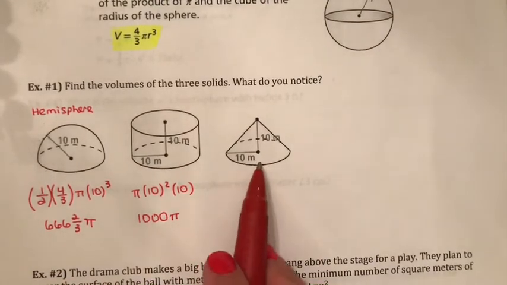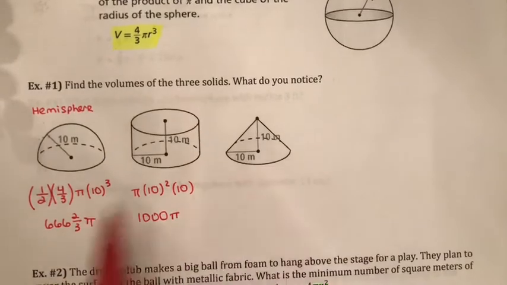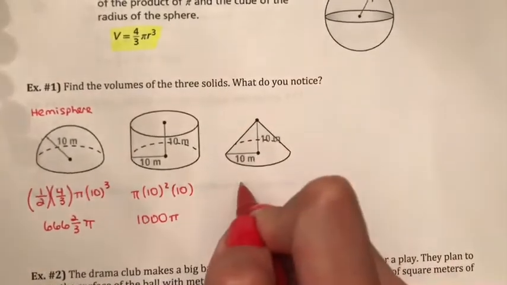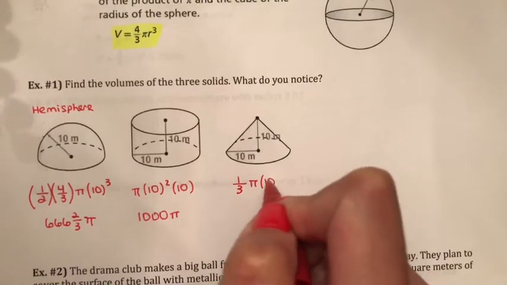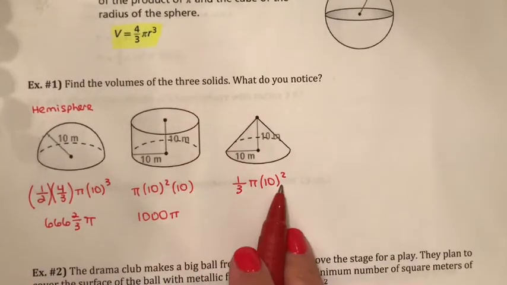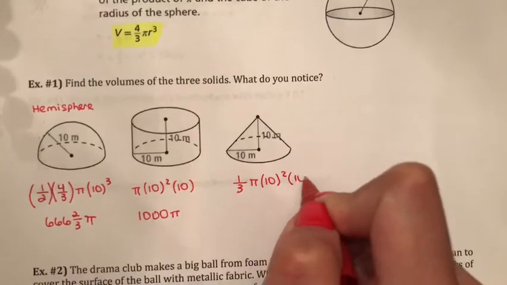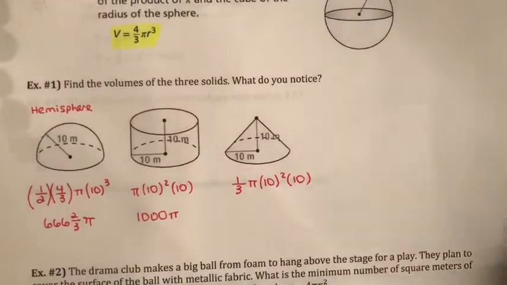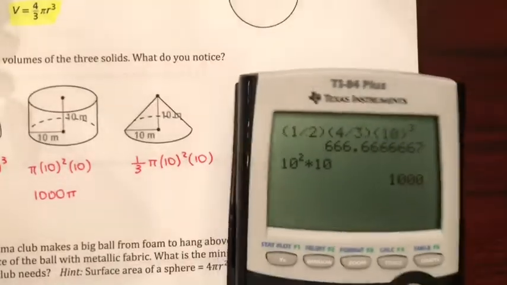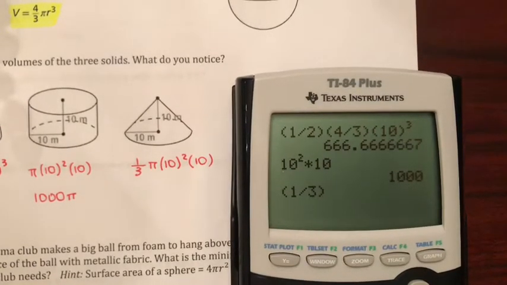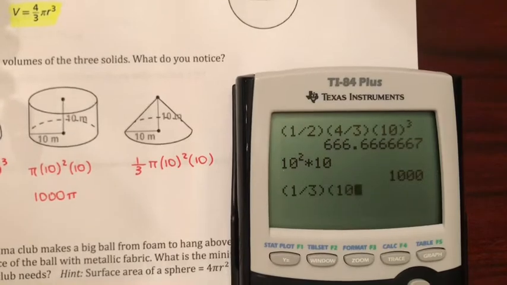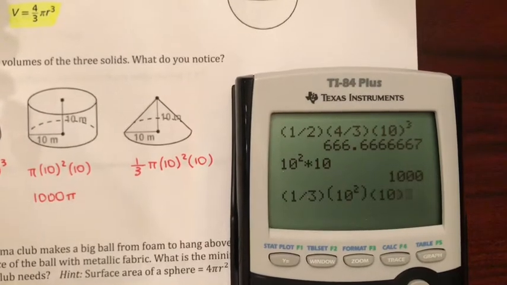Okay, and then finally we have our cone. So the cone formula is 1/3 area of the base, so that's pi r squared, times the height. Okay, so ignoring pi for a moment, we've got 1/3 times 10 squared times another 10.